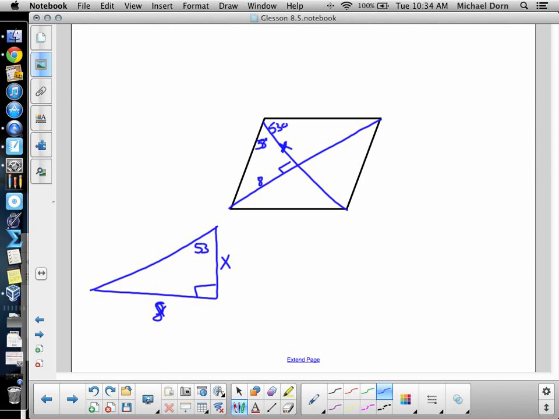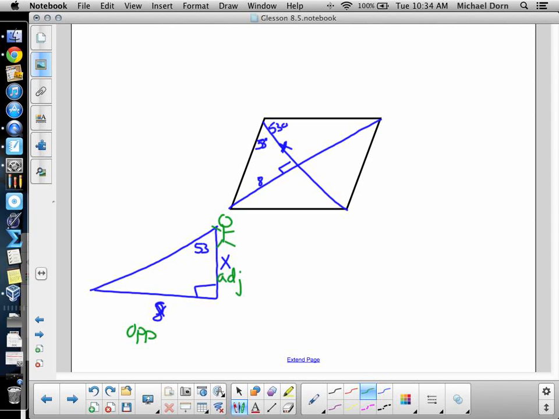And the only way we have of solving that is by using trig. So remember last chapter when we were doing the trig, I said it's going to come back. We're going to still use it. This is an example of where. The only way we can solve that is with trig. So if this is my angle, 8 is which side? Opposite. And X is adjacent.